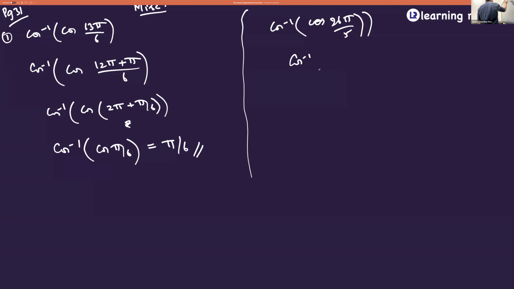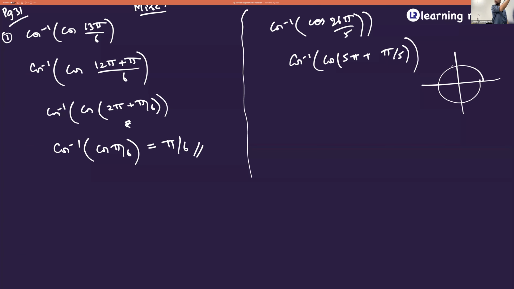See, cos inverse of cos of 26 pi by 5. I hope everybody knows the logic of writing it as 5 pi plus pi by 5, because you need to look at the closer multiple of the denominator. For 26, it is 25. So cos of 5 pi plus pi by 5 means which quadrant is it? It's very simple. 2 pi, 4 pi, 5 pi, 5 pi plus is third quadrant.